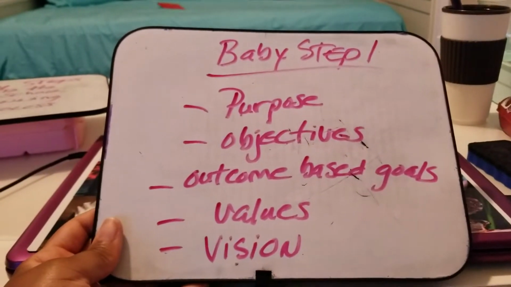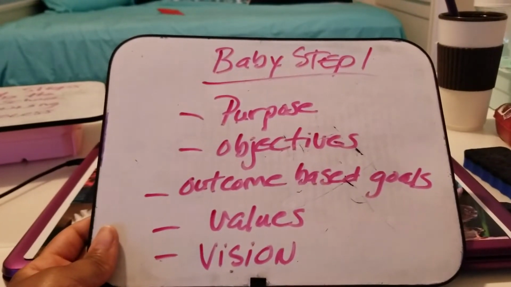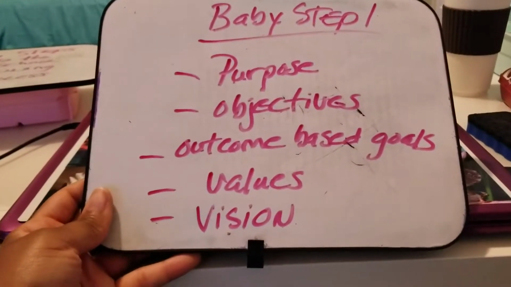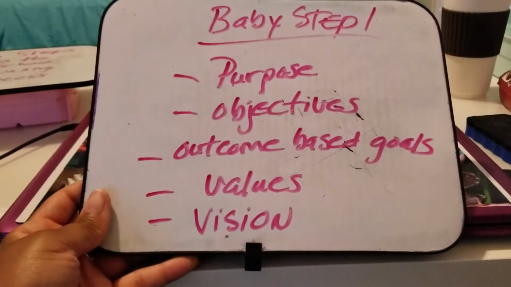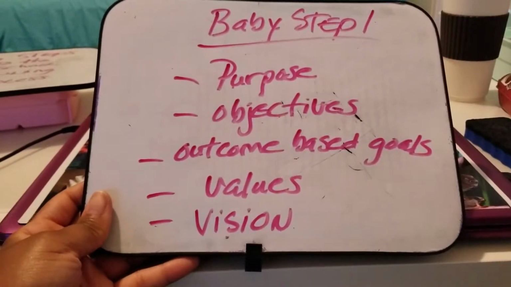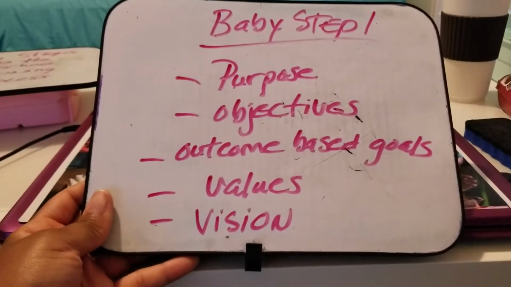But I really want you to sit back and literally jot down your thoughts, jot down notes somewhere that clearly explains why you're doing this. What do you want to accomplish? What values do you want to instill within your children within that process? And what is your overall vision?